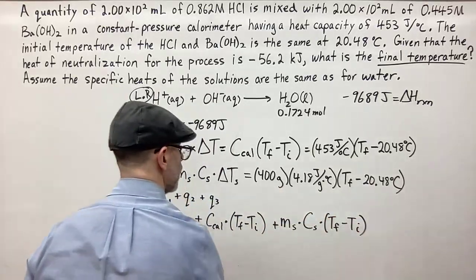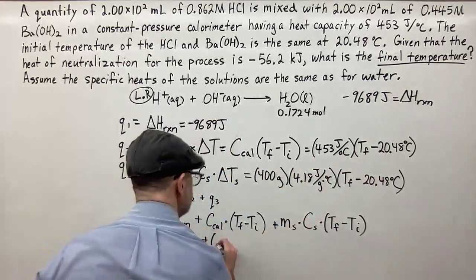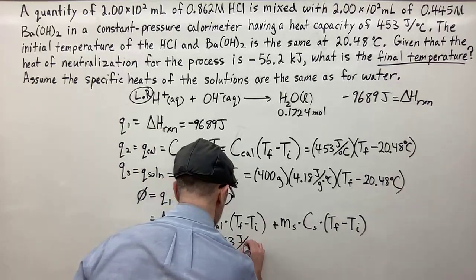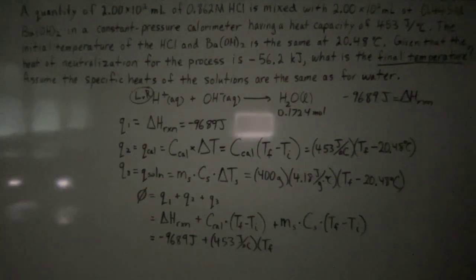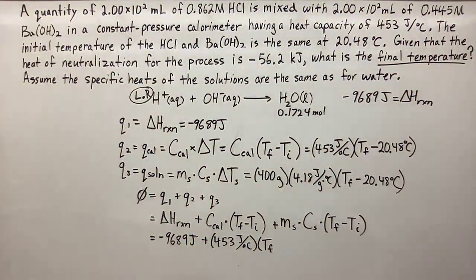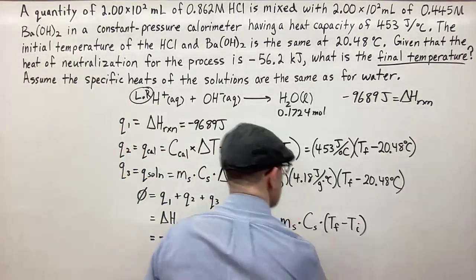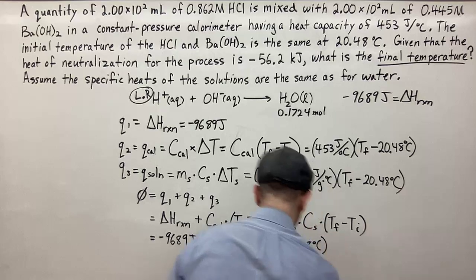That's going to be plus 453 joules per degree Celsius multiplied by the temperature change, which is final temperature minus 20.48 degrees Celsius.